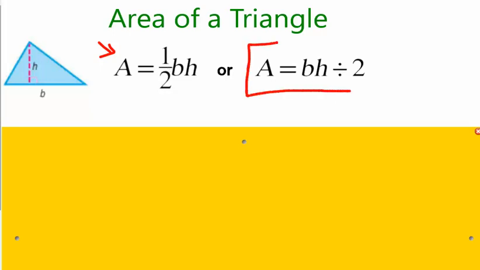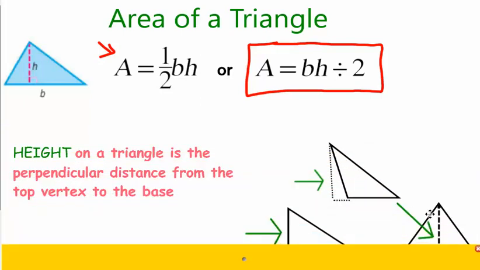I actually prefer this formula, and I think it's easier for you all. So this might be the formula that you want to write down on your formula sheet. However, please be aware that on standardized tests, they will show this one. You just need to know that multiplying by a half and dividing by 2 is the same thing, okay?